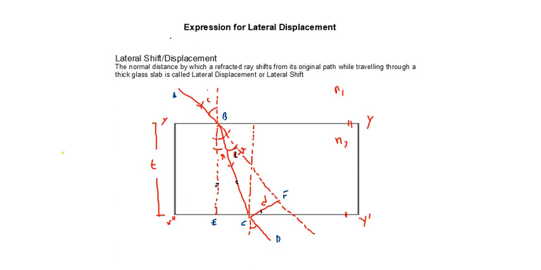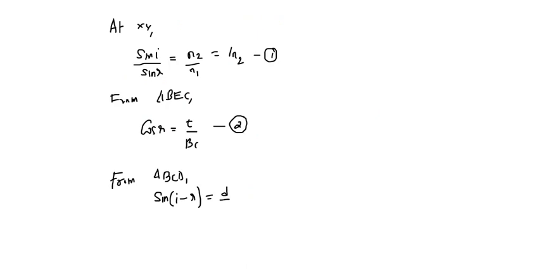This is perpendicular, this is hypotenuse, d by BC. Okay, now sin of I minus R is what? Sin I cos R minus cos I sin R equal to d by BC.